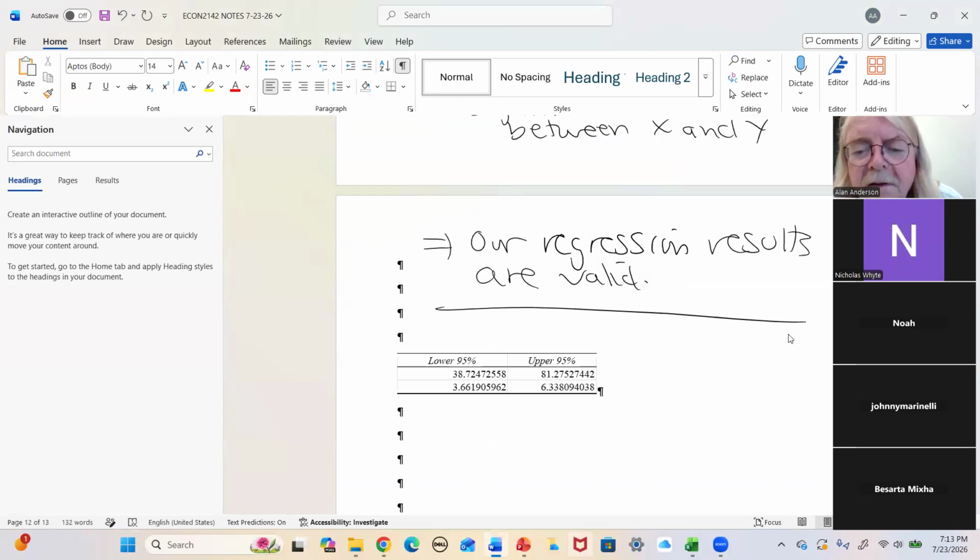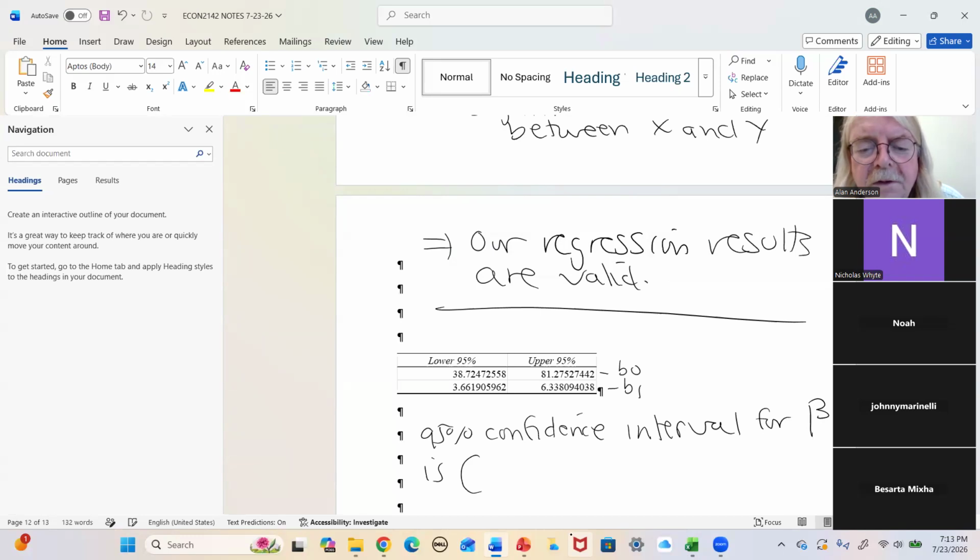Keep in mind, the top row is for the intercept, which usually we don't pay a lot of attention to. This is what we're after. So the 95% confidence interval for beta 1 is what you're seeing here.